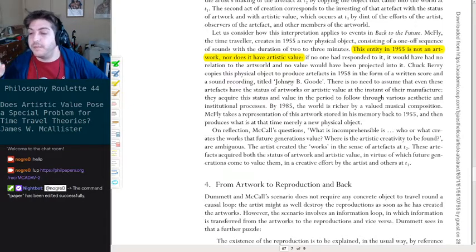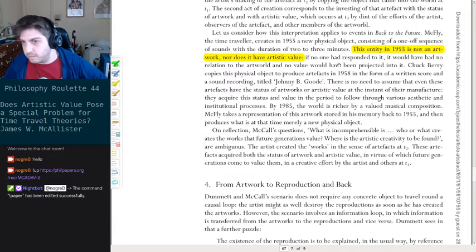But if they do appreciate it, then it doesn't seem like this is a true statement that it does not have artistic value, because at least two people in the 1955 timeline do appreciate its artistic value, and they are members of the art world, being musicians. Granting that musicians, like just random guys playing a high school dance, count as part of the art world.